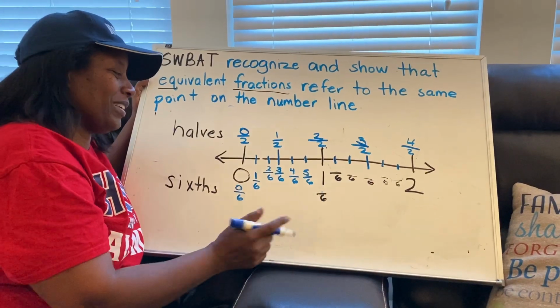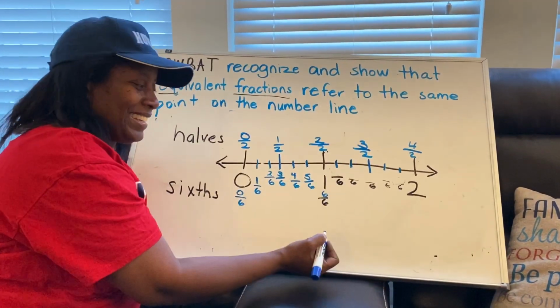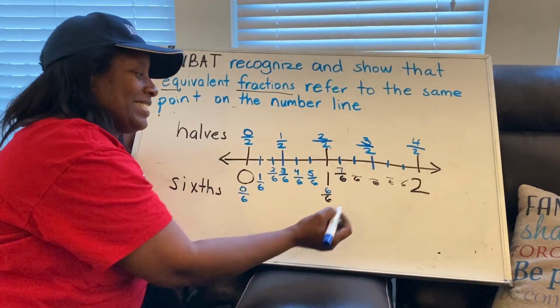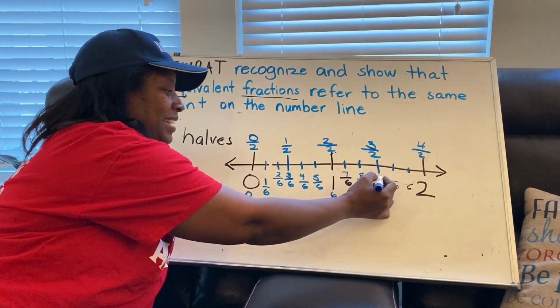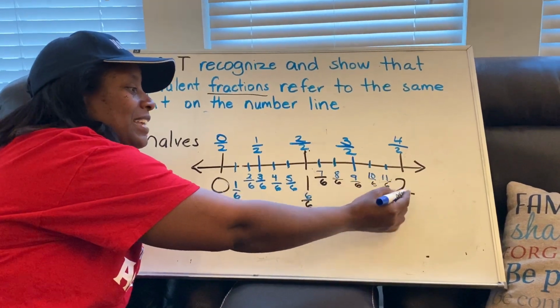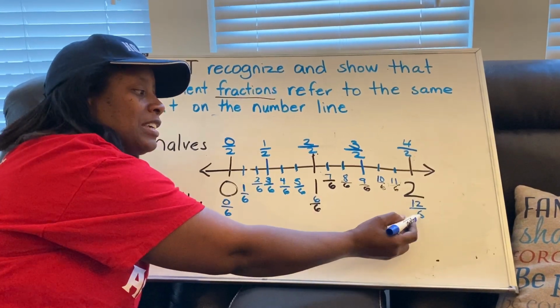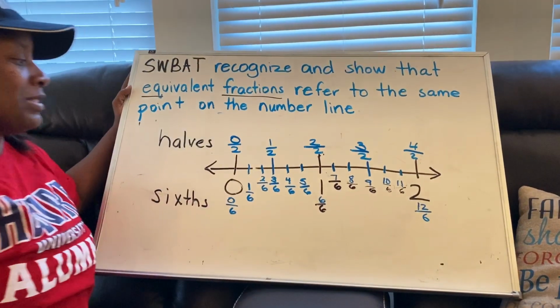Okay, let's keep going. After 5/6 comes 6/6, 7/6, 8/6, 9/6, 10/6, 11/6, and of course 12/6, because 6 goes into 12 2 times.